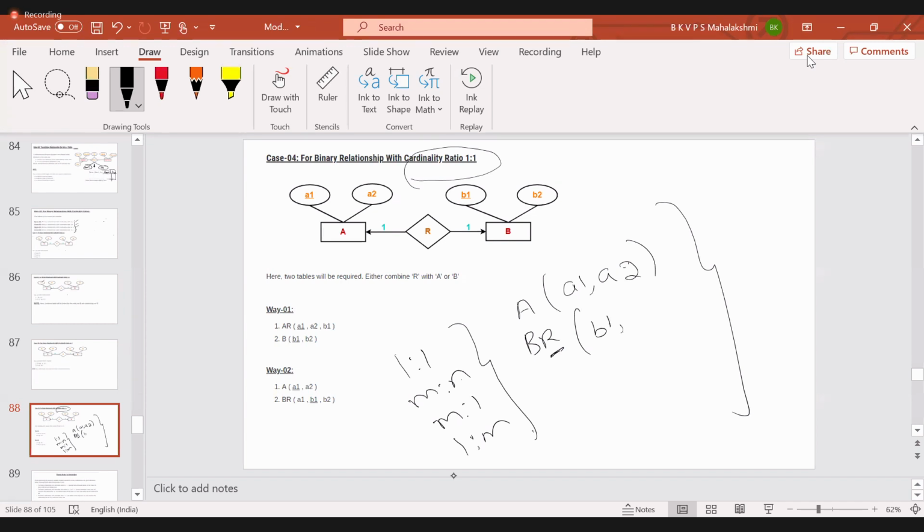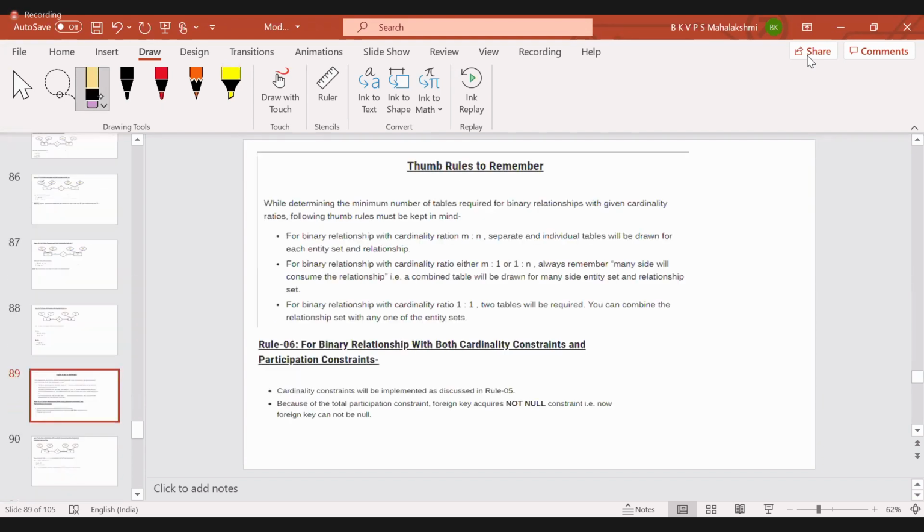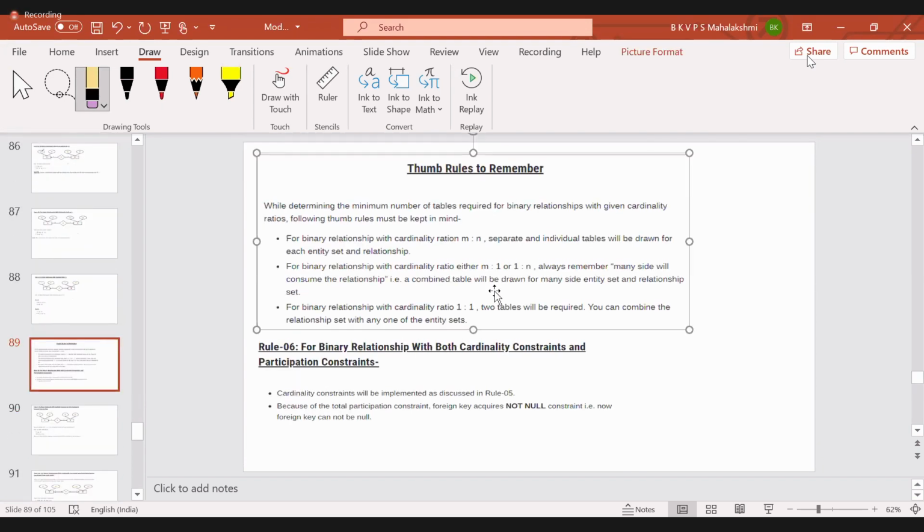You can also consider B1, B2 at first, and then from the other entity we have to consider like this. So these are the thumb rules.